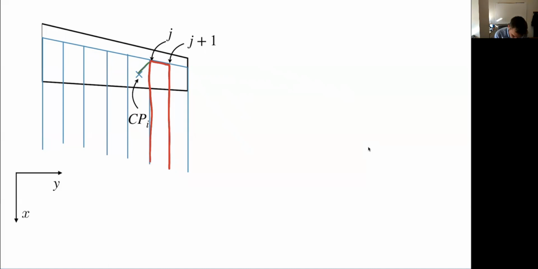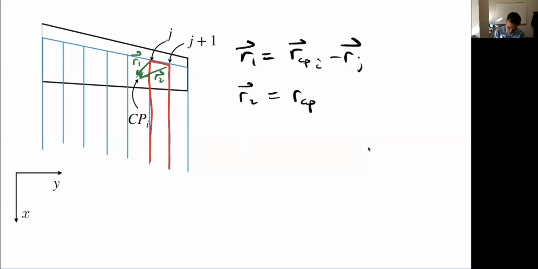So these would be my R1 and R2 vectors from the previous slide. In other words, R1 is our control point i minus r j, where this one doesn't have the control point. So it's defining these nodes, and R2 is the distance going to the control point i from r j plus 1.